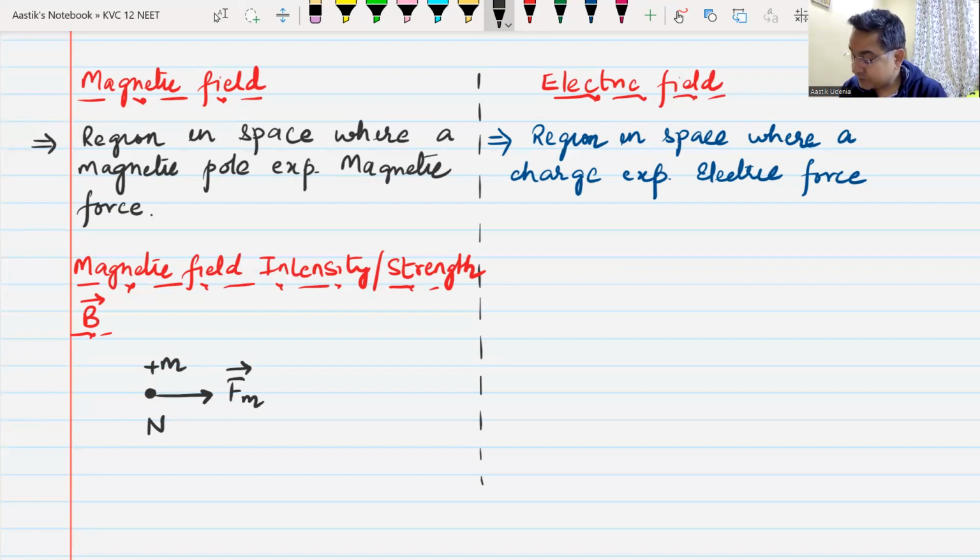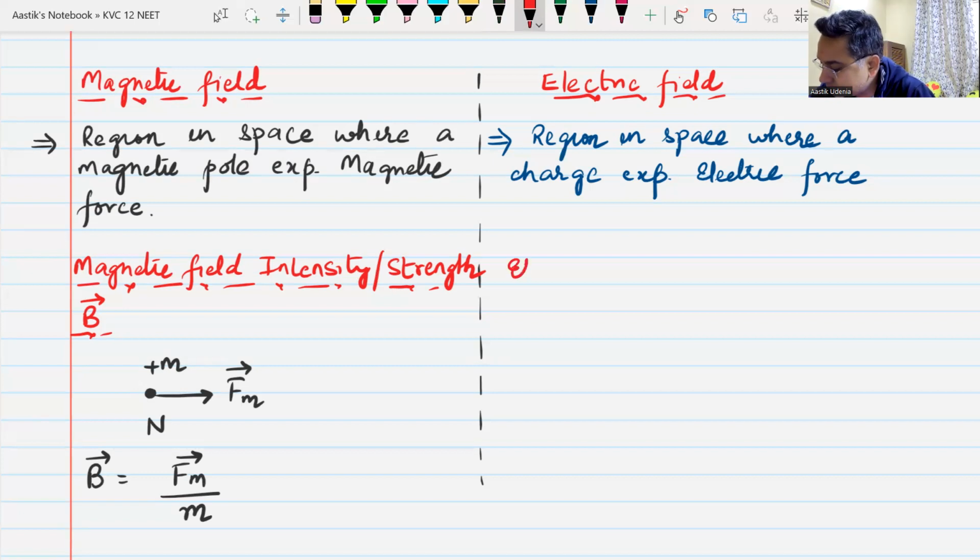The value of magnetic field at that point will be given by the force Fm divided by, not mass, but the pole strength of that pole. Magnetic force per unit pole strength. Do we understand this?